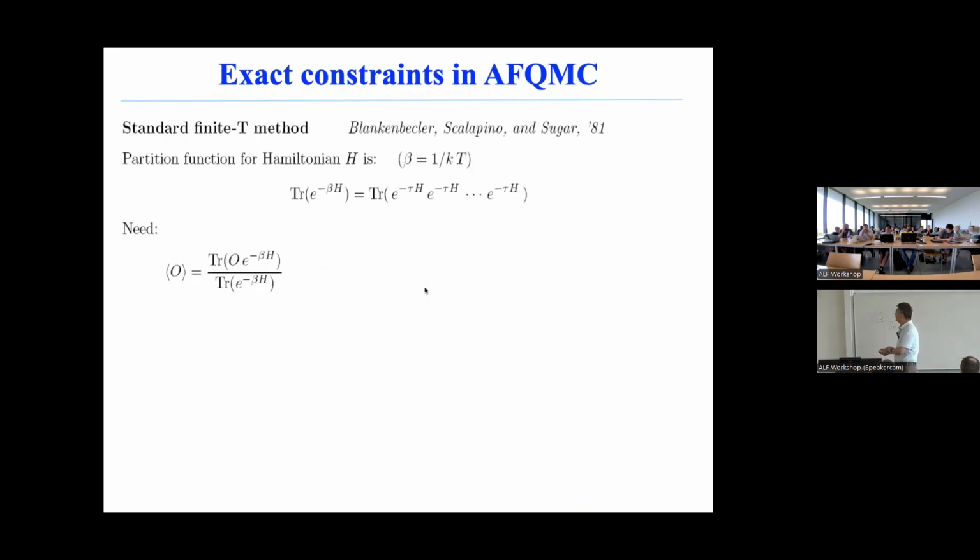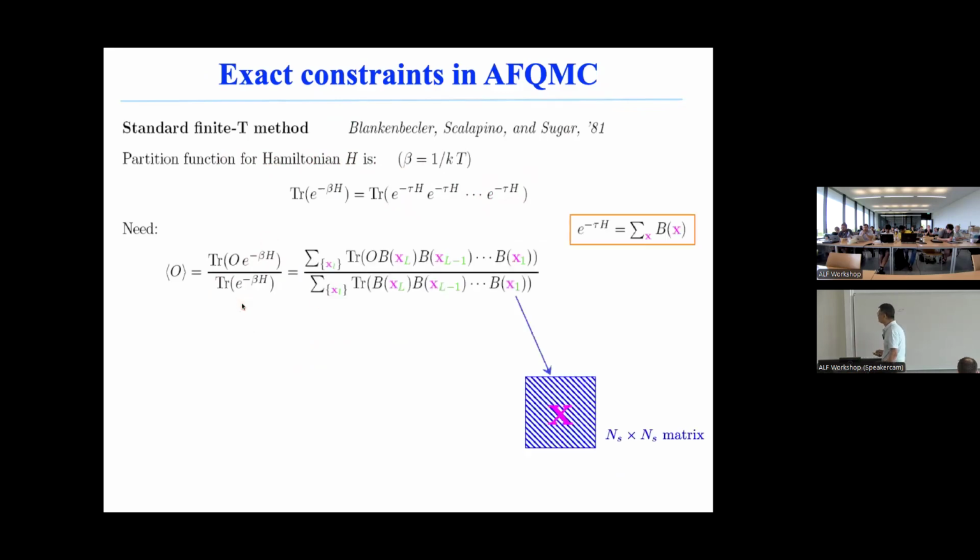Okay, so the BSS algorithm, by now you're very familiar with. You write the partition function in this form where it's trotterized, and you want to compute observables. The main thing is we take the many-body Hamiltonian, and here, for example, think about Hubbard, where you've coded and so on.